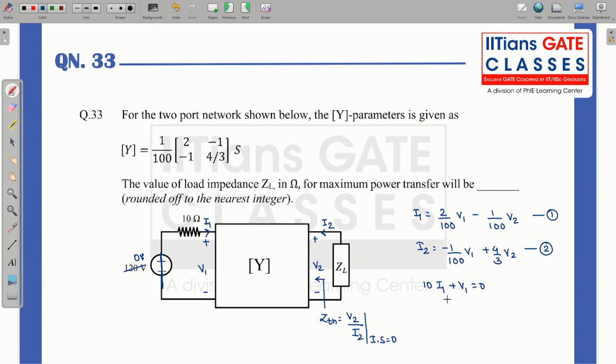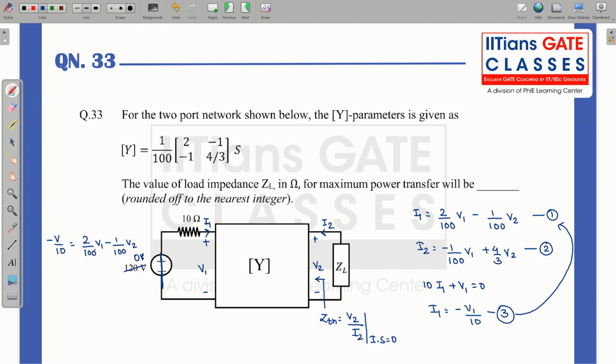Or what I can do basically, I can write I1 is equal to minus V1 by 10. Let this be equation 3. So let me substitute equation 3 in equation 1. If I do that, this will be minus V1 by 10 is equal to 2 by 100 V1 minus 1 by 100 V2.